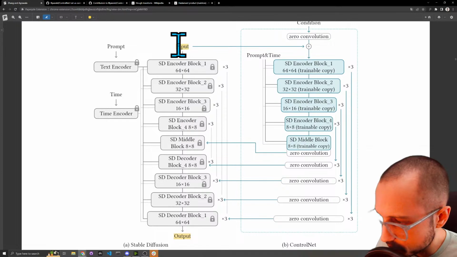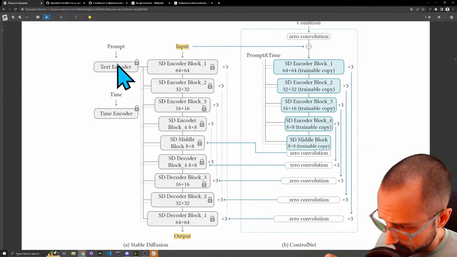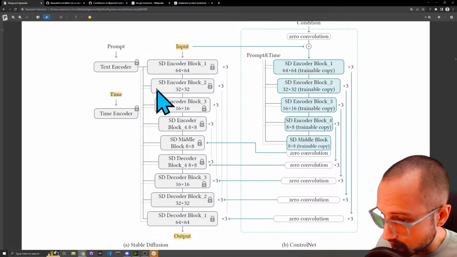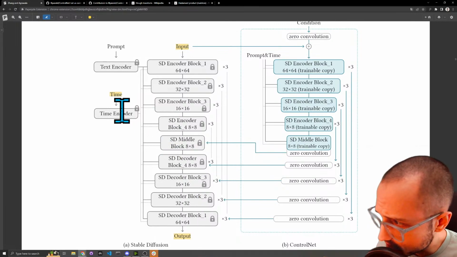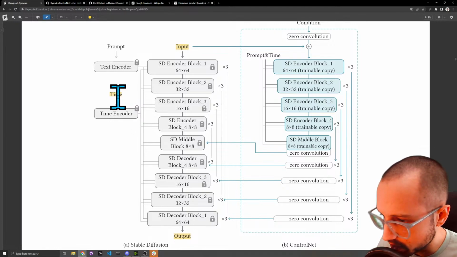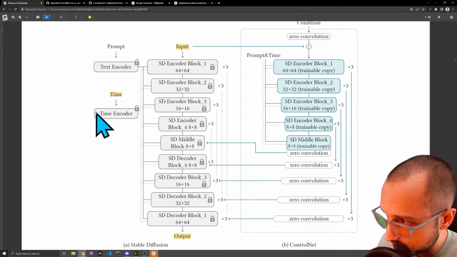And Stable Diffusion being a diffusion model, usually it runs a bunch of times in a row, right? So that's what the time here means. A diffusion model operates multiple times, there are multiple inference steps. So you're going to have a step where t equals 0, 0.1, 0.2, 0.3, all the way to 1. Usually the time is normalized.